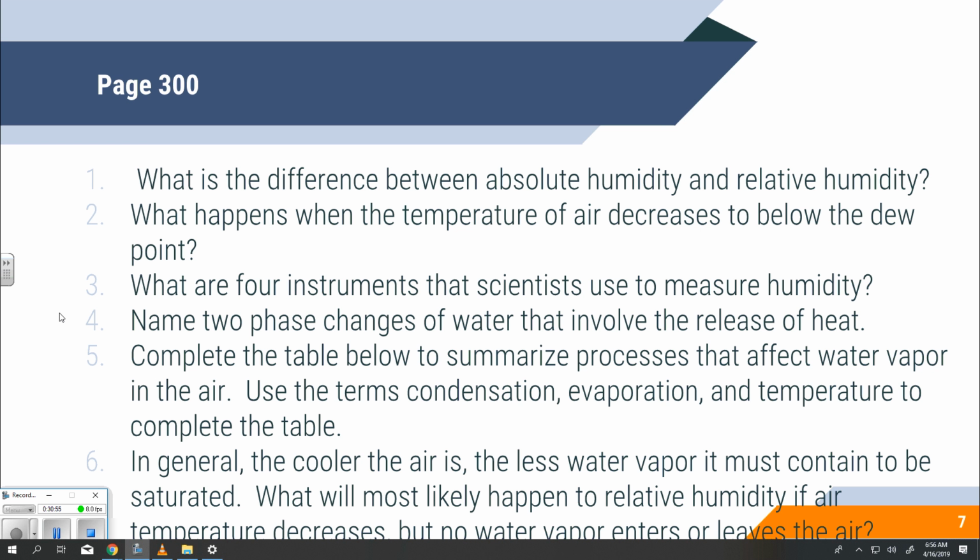Third box on the left: if the rate of evaporation is greater than the rate of condensation, then evaporation occurs.